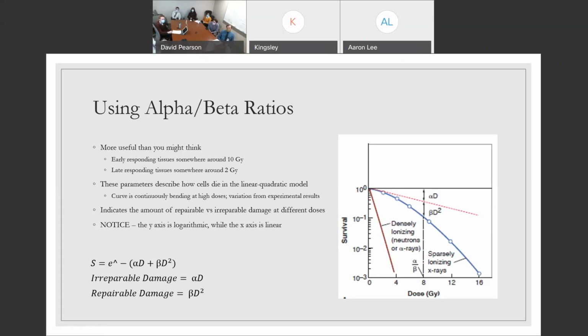One other thing to notice, looking at these cell survival curves, always keep in mind that it's on a semi-log scale. The y-axis is logarithmic, whereas the x-axis is linear. If you're asked any tricky questions about cell survival curves, how they're shaped and the math behind them, just keep in mind how the scales are.